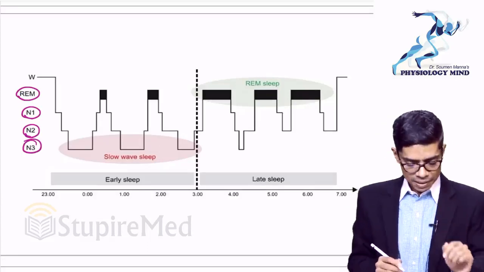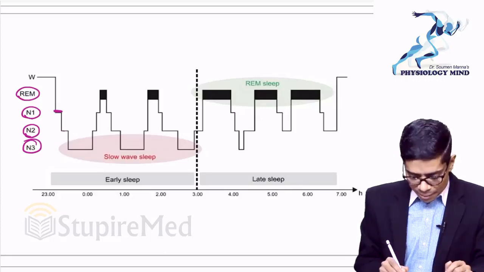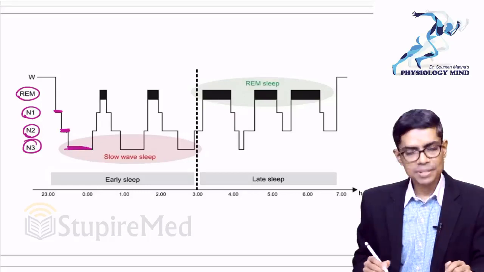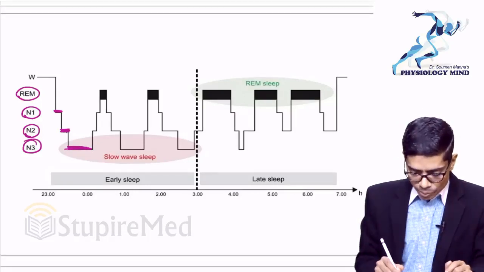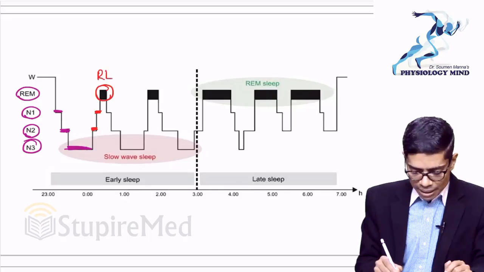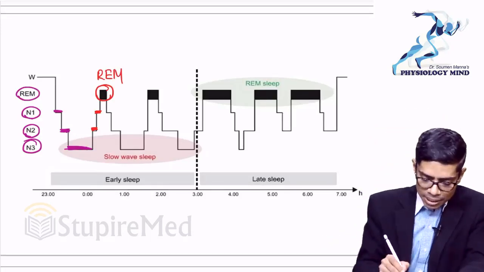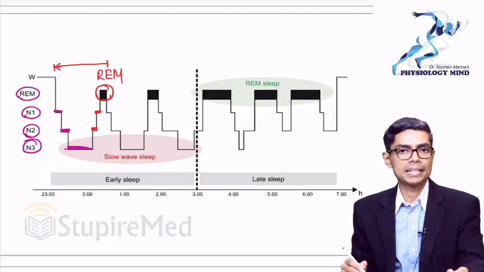Whenever the person is entering, he enters here, N1, then spends some time at N2, then spends some time in the deep sleep stage. Then step by step he moves to N2 again, then N1 again, and then he moves to REM sleep. Starting from here up to the completion of REM, this is a single sleep cycle.